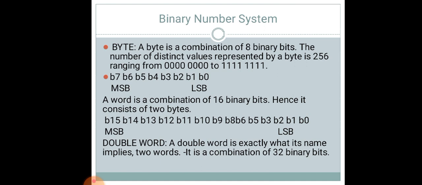And double word means a group of 32 binary bits, so you can say 4 bytes equal a double word. Listen to it very carefully, or read it very carefully, and remember it.